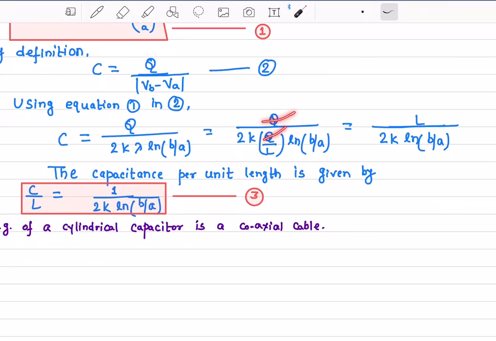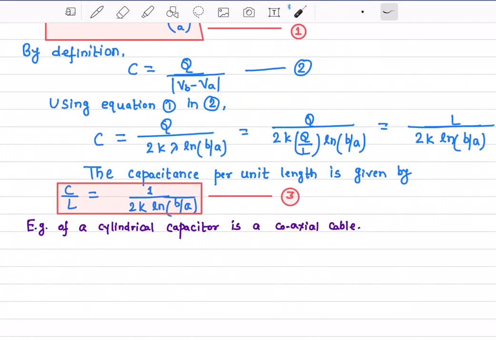This charge and this charge cancel out, and the L can go to the top, because here we're just dividing by L, so I can put it in the numerator. So I have L over 2k ln B over A. From this relation, if I divide both sides by L, what I get is the capacitance per unit length, which is 1 over 2k ln B over A. This is the capacitance per unit length of a cylindrical capacitor.